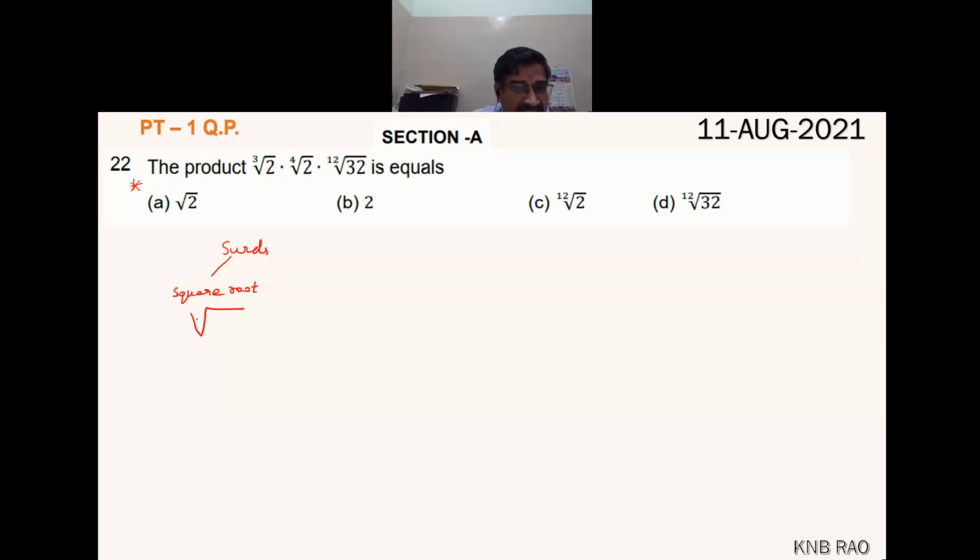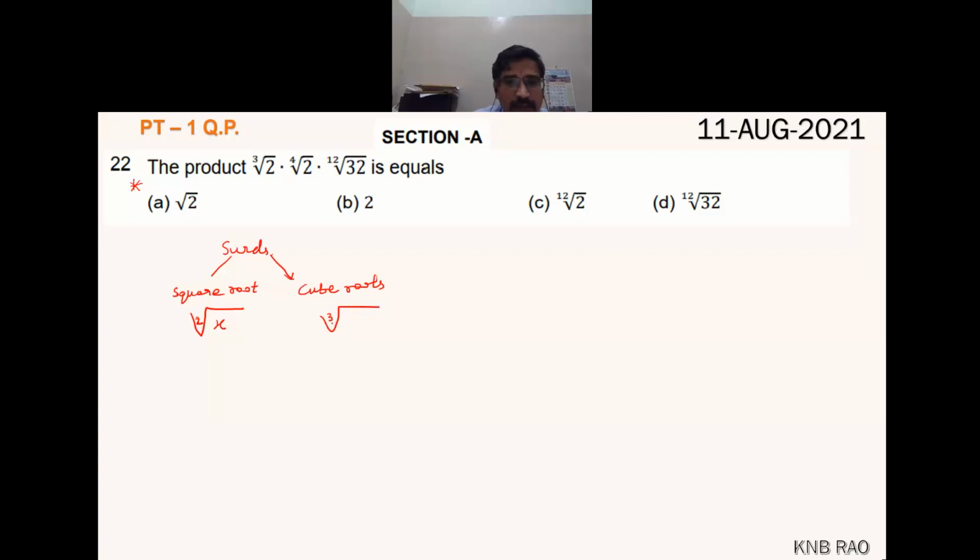Without writing the index, if I am writing something, that means the index is minimum 2. And surds don't include only square roots. They include even cube roots also, where cube root especially will have 3 as index.